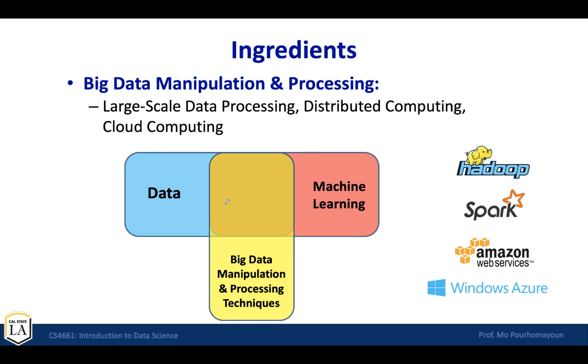In many cases these days our data is large, and we should be able to manipulate and process that large data to be able to extract knowledge from it. So these are the three ingredients, the three components that I'm going to talk about in this class. Most of our class will focus on data processing, machine learning, and big data manipulation techniques.